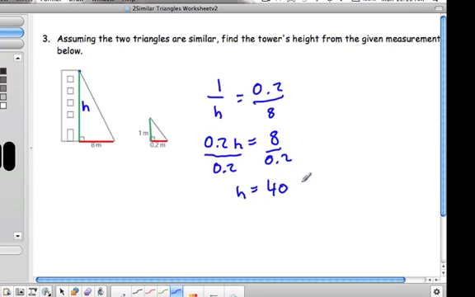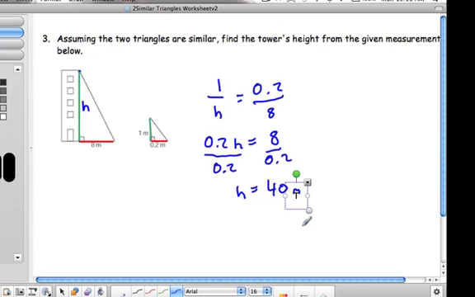And you need to have the units in there because we're told that these are meters. So it's meters. So therefore, the tower is 40 meters tall.